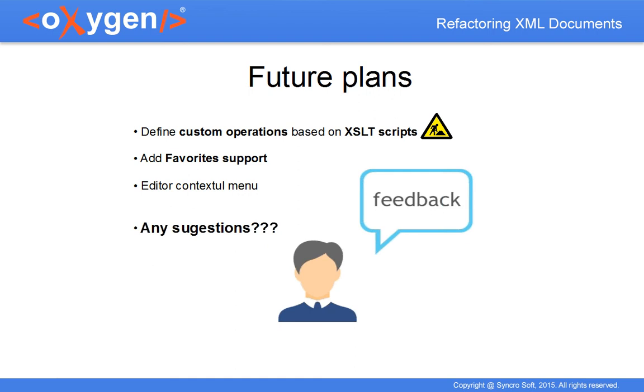Another feature is to allow users to save an operation together with values for the parameters as a favorite. This will make it faster to reuse a generic operation for a specific context. Another idea is to put the refactoring actions into the contextual menu of the editor.